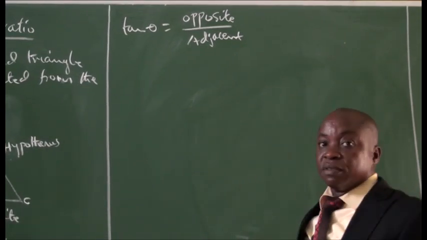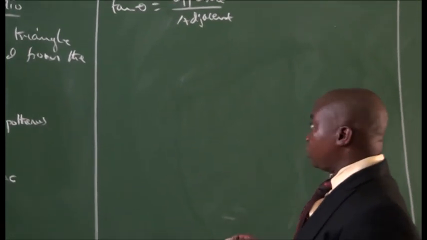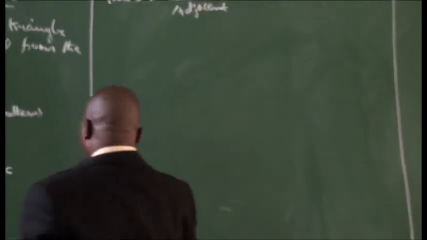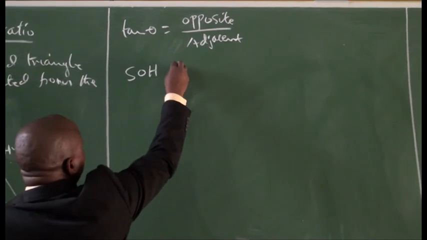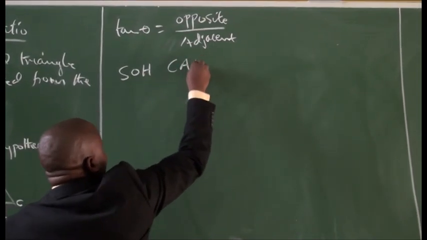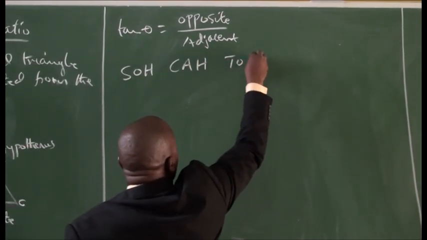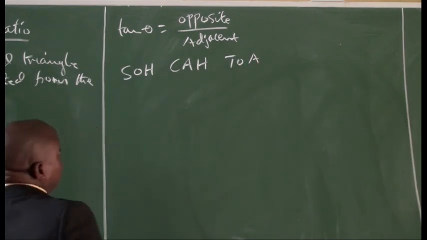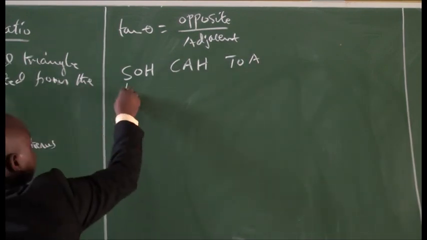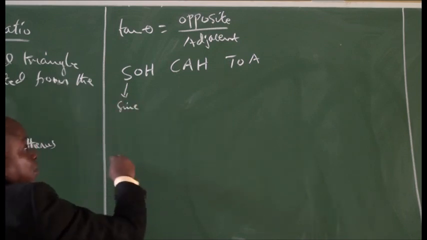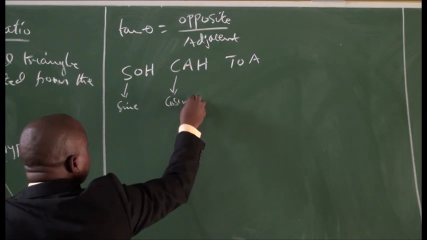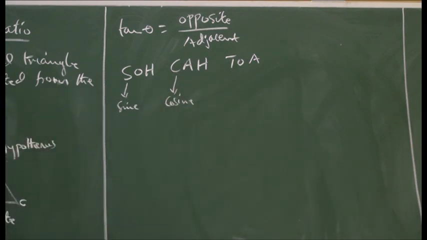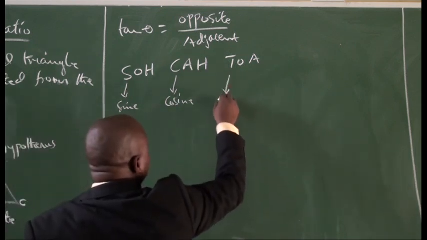Now, most times we use something to remind us. I remember something like SOH CAH TOA. Here, S stands for sine, C is for cosine, the short form of cosine is cos. Then T is for tan.